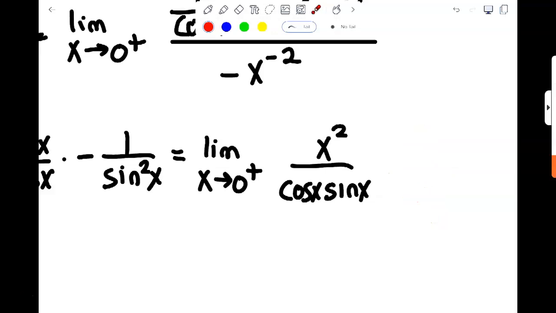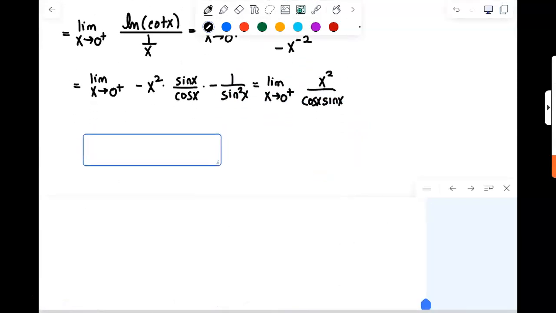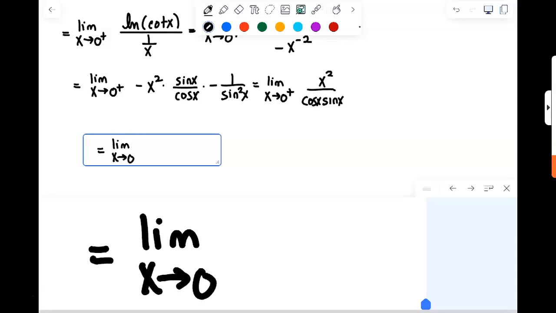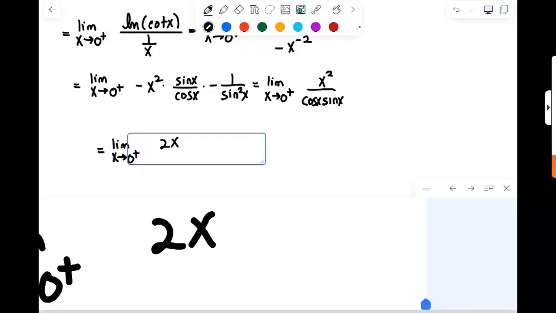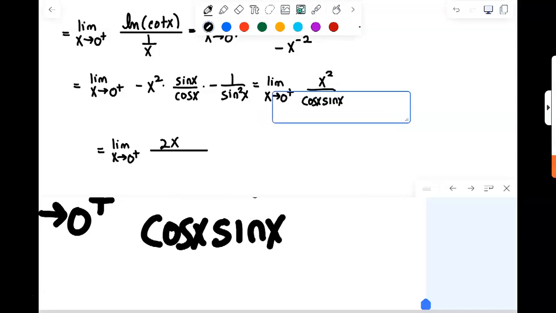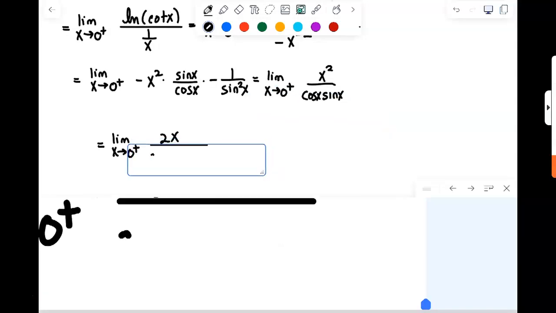So we apply L'Hopital's rule another time and see what that does. Limit x approaches 0 from the positive direction of the derivative at the top, which would just be 2x, over the derivative of the bottom. That would be cosine times the derivative of sine, which would be cosine times cosine, or cosine squared.